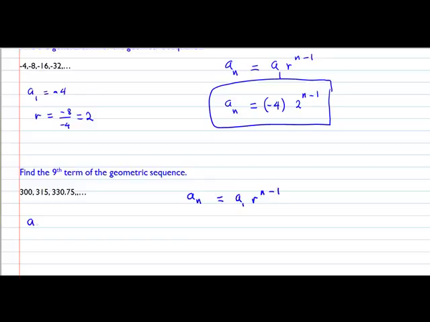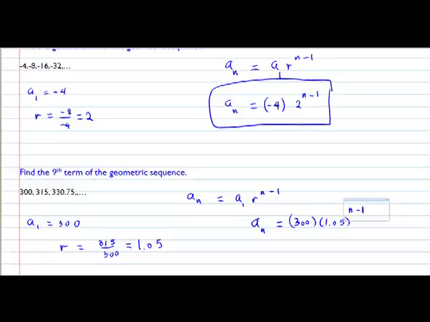So our a sub 1 will be 300. To find r, I take 315 divided by 300. So into the calculator, 315 divided by 300 will be 1.05. Therefore, the general term of this sequence will be 300 times 1.05 to the n minus 1.